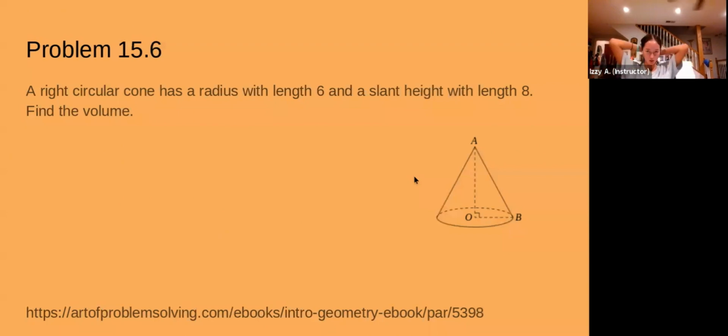Hint, hint, you need the height. Remember, slant height and height are two different things. In this case, slant height would be AB, but the height would be AO. And you can use the Pythagorean theorem to figure out what the height is.